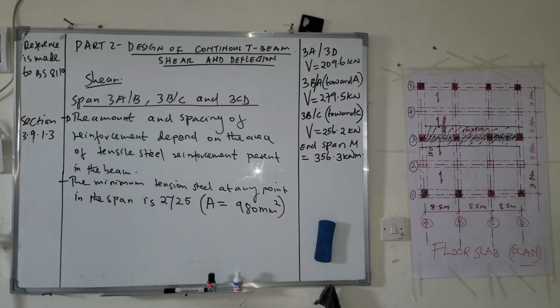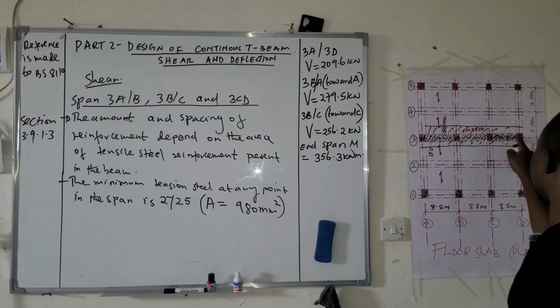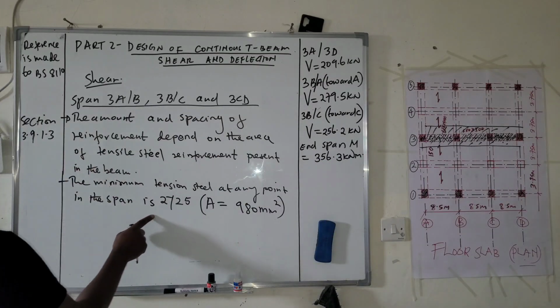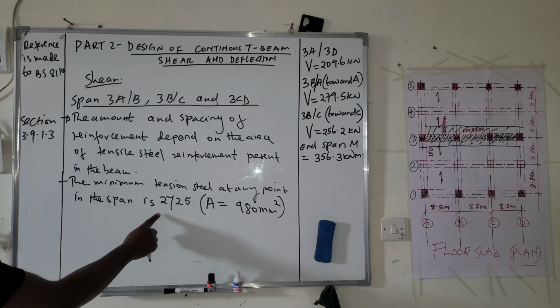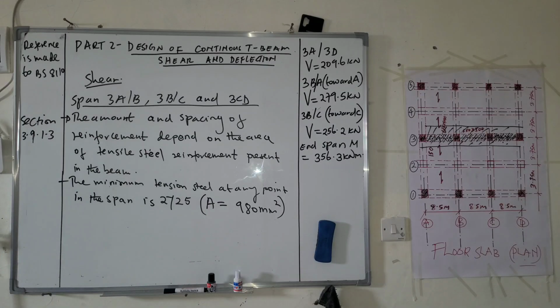If you check in the design for bending, for all supports and spans, you will see this minimum tension steel, which is 2Y25, and the area given is 980 millimeter square.